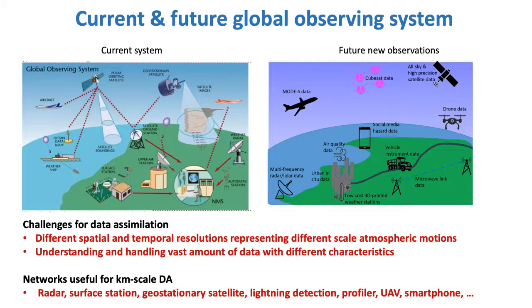The networks currently quite useful for kilometer scale data assimilation include radar, surface station, geostationary satellite, lightning detection, profiler, UAV, smartphone, and etc.